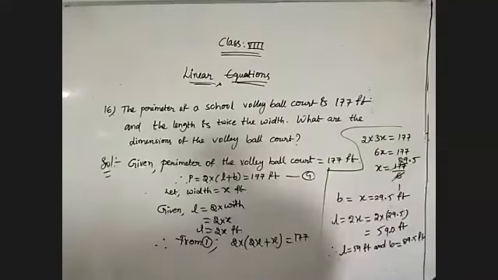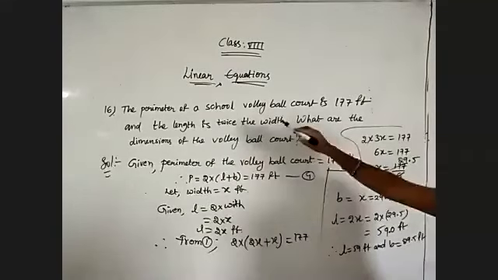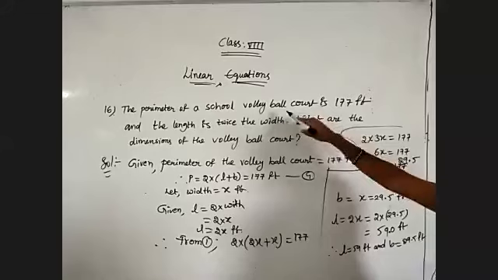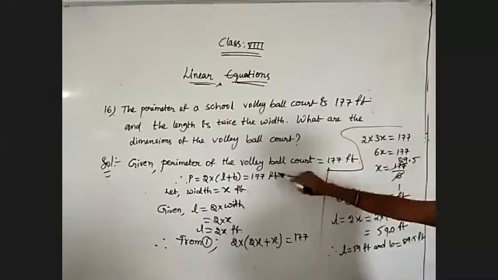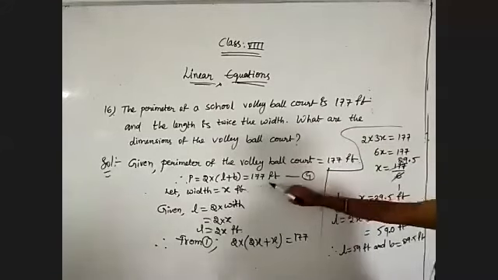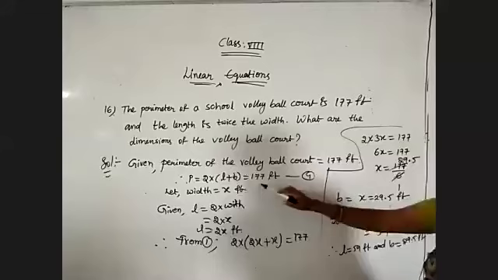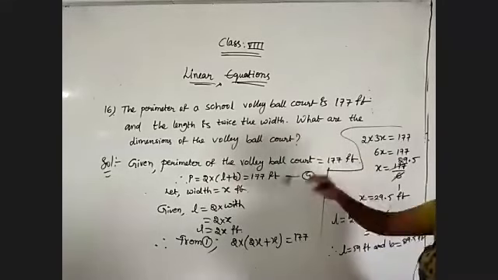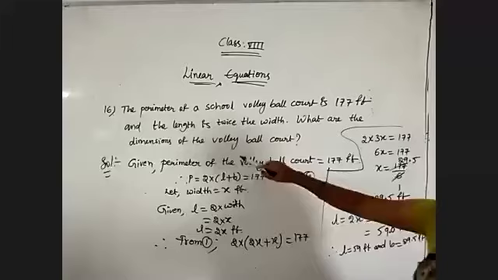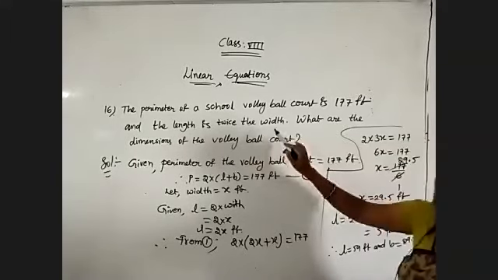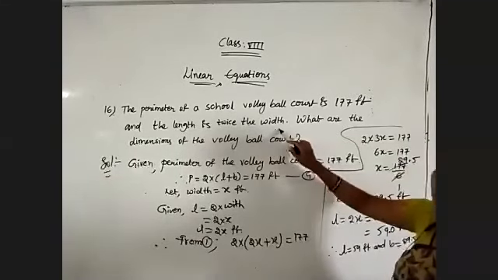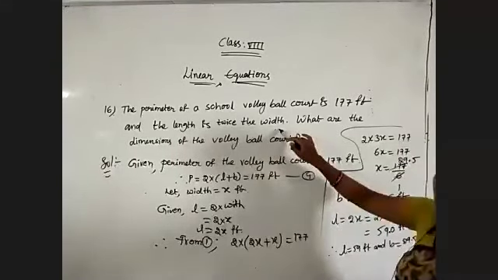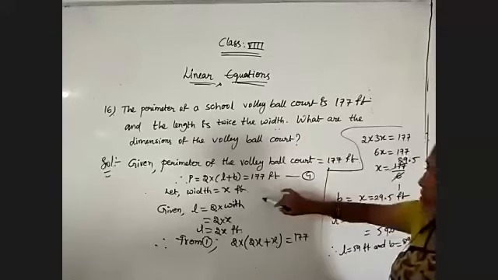Okay. So once again I am telling, here they have given the perimeter of the school volleyball court. The school volleyball court is in the shape of a rectangle. So perimeter of the rectangle is equal to 2 into (L plus B). That value is given as 177 feet. Let it be equation 1. Coming to the next statement, length is twice the width. So length is represented in terms of width. Let width be x feet.